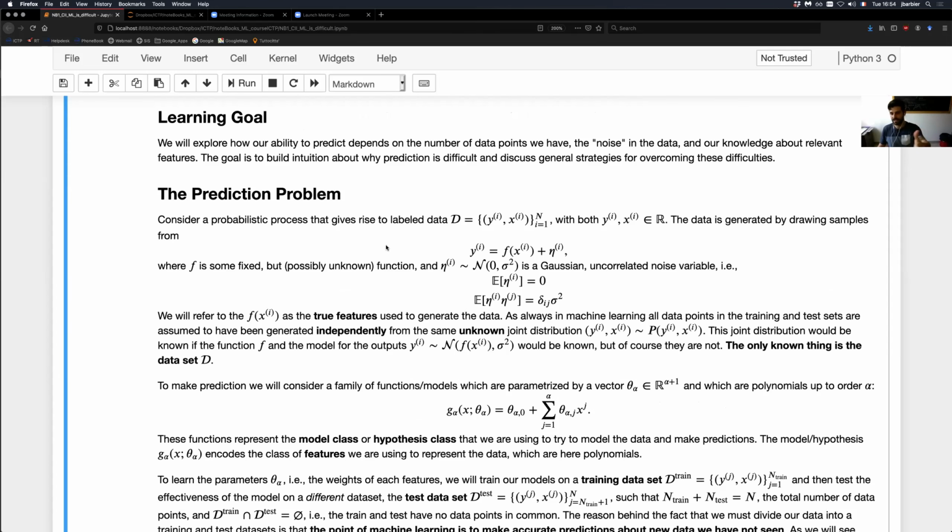Even if the task is simple here, it contains all the difficulty of more advanced machine learning problems. So take this notebook seriously, and I strongly advise you to play with it after the course a bit more to gain intuition, because this intuition will extrapolate to much more complex problems.